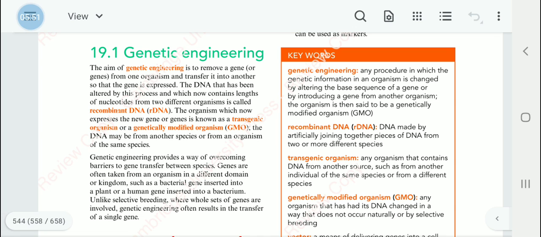Now this gene will be expressed by an organism. We call that the genetically modified organism, or GMO, or else transgenic organism. So what we have learned so far is that by genetic engineering, we take a gene from one organism and insert it into another, with the specific expectation that the gene would be expressed.